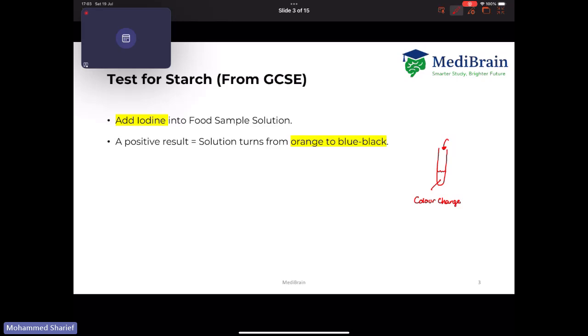Another method is to place the substance into each tile, and then you add different concentrations of iodine to observe the color change once again. The key part that you need to understand is the process of doing it. You have to add iodine to a food sample, and for a positive result, you would observe a color change from orange to blue-black.